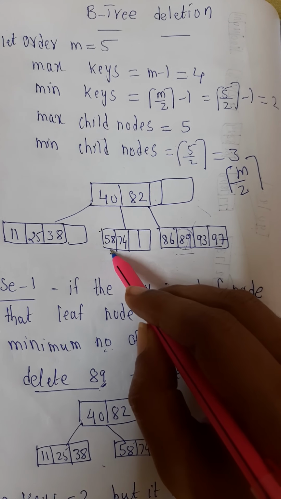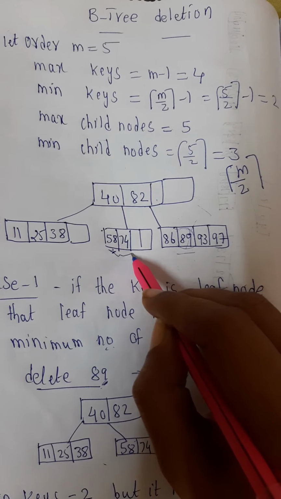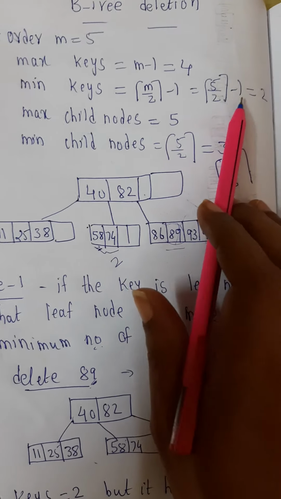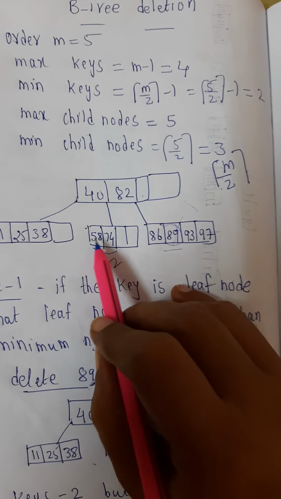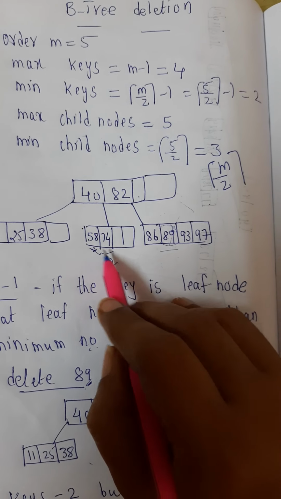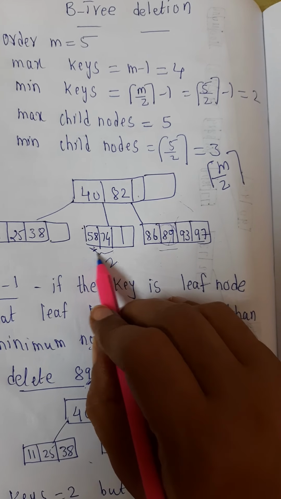If you want to delete 58, how many keys do we have? 2 keys, and the minimum number of keys is 2. Since it has only the minimum number of keys, we cannot go for deletion directly.